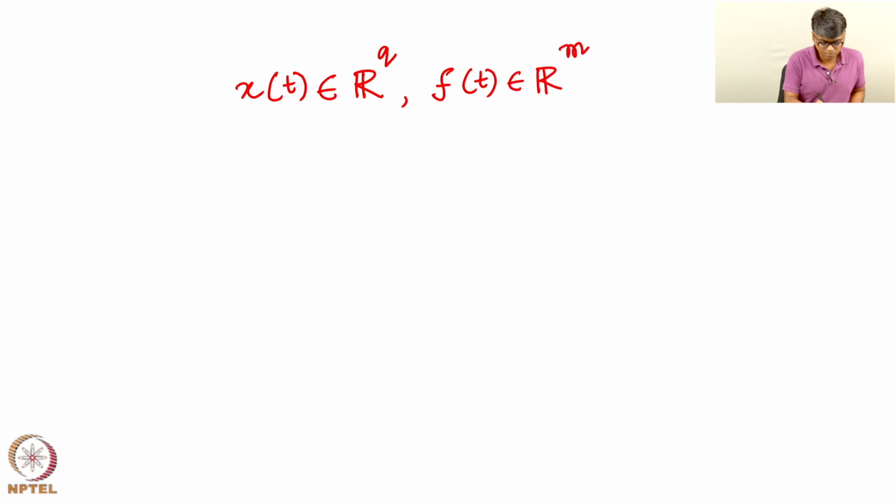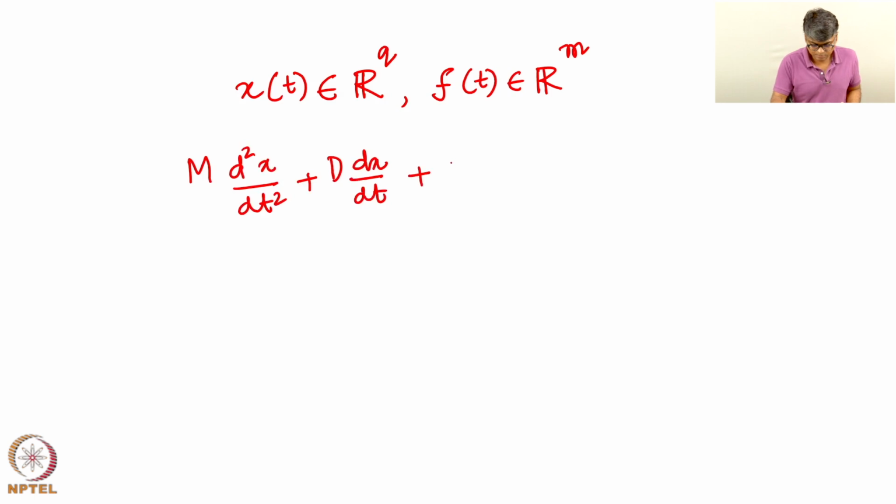In that case, one might end up getting equations which are like m times d square x dt square plus d times dx dt plus k times x, which is equal to f. It looks like this, but the catch is that M can then be a matrix of size m cross q.